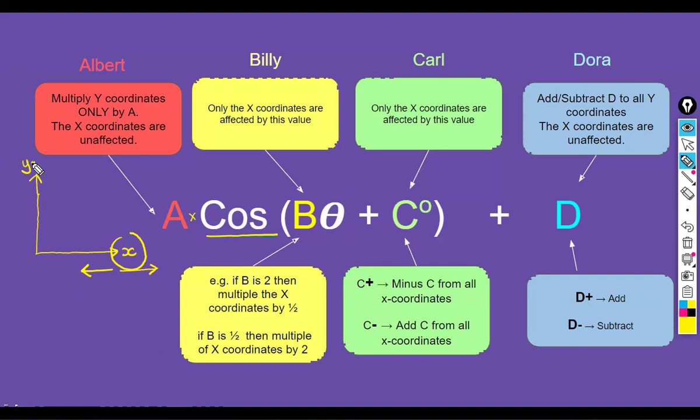Anything dealing with the y coordinates on a graph could either move the graph up, or move the graph down. In other words, it would affect the vertical portion of the graph. If you notice, everything inside the brackets, that's Billy and Carl, they affect the x coordinates, meaning that they will only affect the horizontal orientation of the graph.